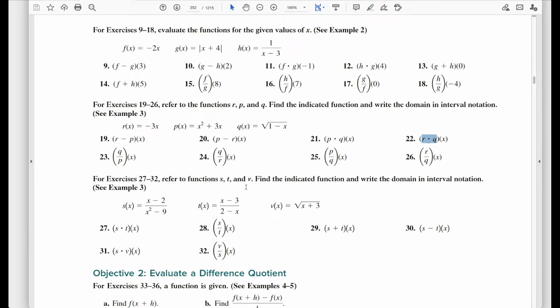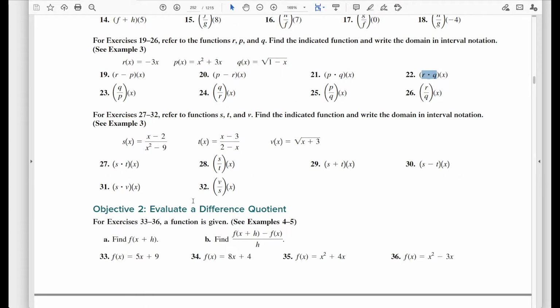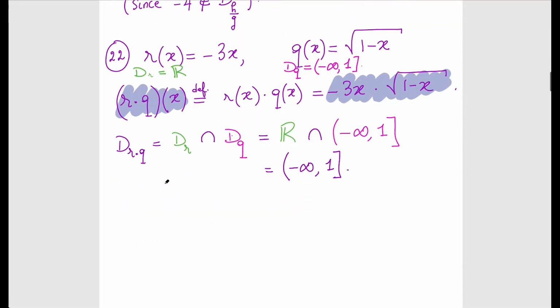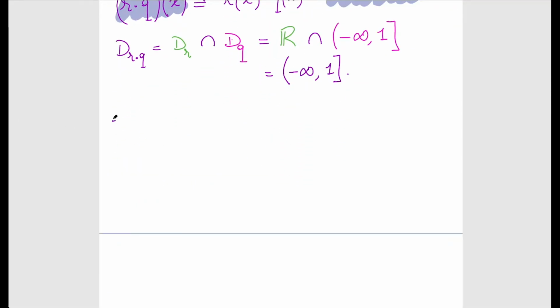All right, back to the book. So we did 22. How about now we do 23, maybe? Let's do 23, even though it's odd, but probably it would be the hardest one among the rest. Let's do 23. Q over P acting at x. I need Q and P, so let me copy each one of them.